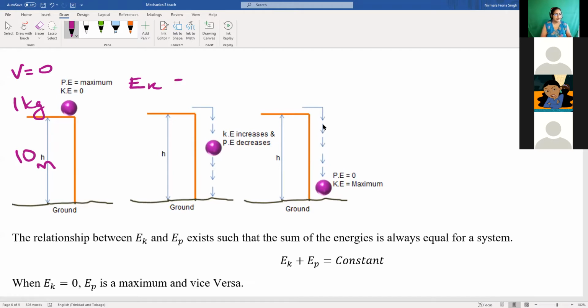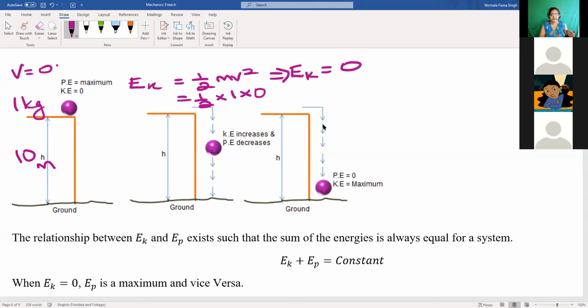The kinetic energy will be half mv squared, which will be a half times 1 times, when my object is sitting on the top of the cliff, it's not moving, so the velocity will be 0. So v squared, 0 squared, is still 0. And my kinetic energy is equal to 0.